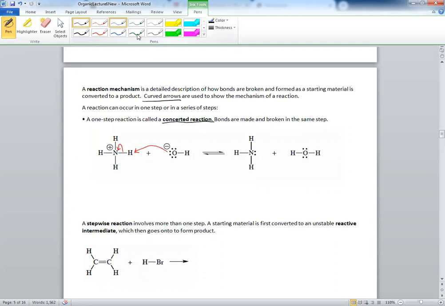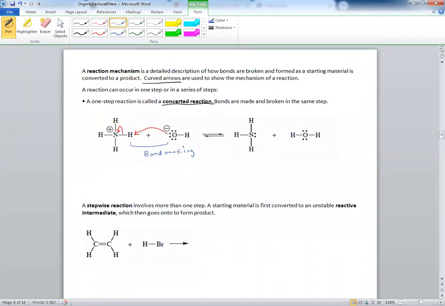So here is, use a different color, bond making. Here's bond breaking.